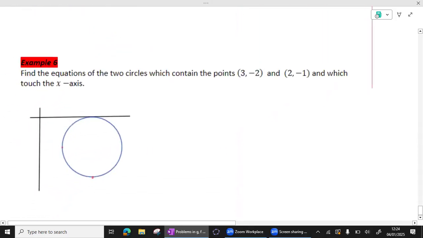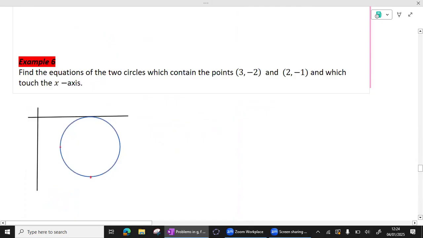So let's say we're doing this question. Find the equations of two circles. Now it's two circles, so we're expecting some sort of a quadratic here. I can't get two values unless it's quadratic, so that's a hint. We're told that the circles contain the points (3, -2) and (2, -1), and touch the x-axis. Now, what do we normally do?